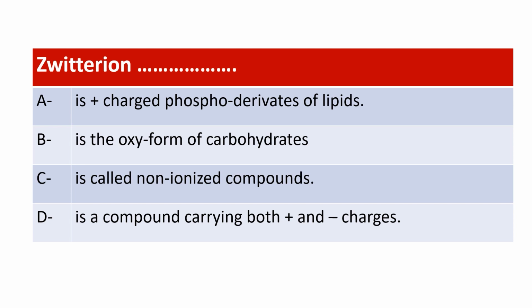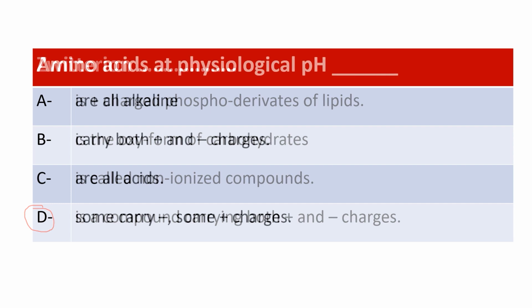An amino acid exists in the zwitterion form at a certain pH, usually the physiological pH of 7.4. In this case, the amino group of amino acids carries a positive charge, while the carboxyl group carries a negative charge. And based on this information, the correct answer is option D. Zwitterion is a compound carrying both positive and negative charges.